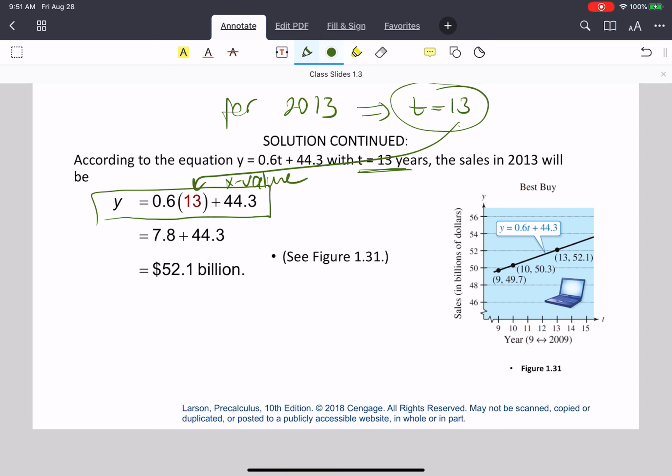Then using that x value, I'm able to find the y, which is 52.1 billion. So according to our analysis, the projected sales will be 52.1 billion in 2013.